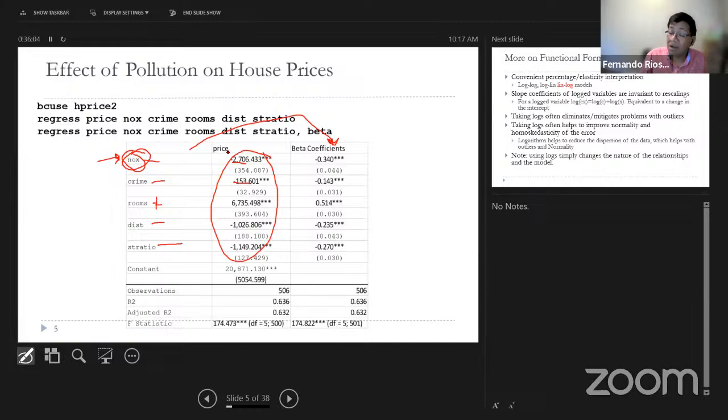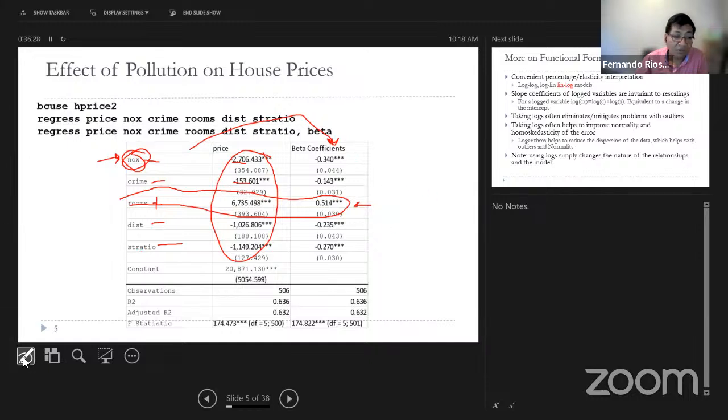The same with crime. For rooms, again, I would prefer to keep it in units and not in standard deviations, but in this case, we're going to just use the standardization.